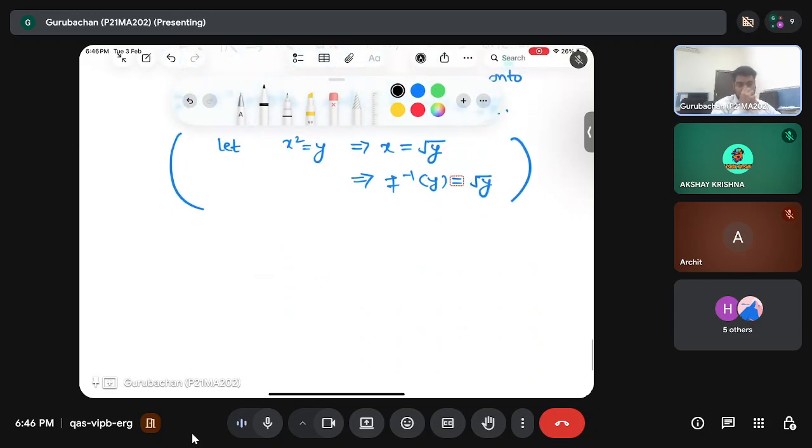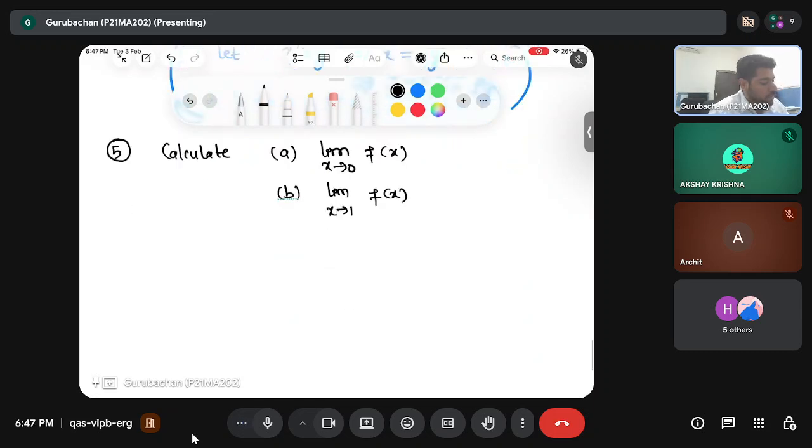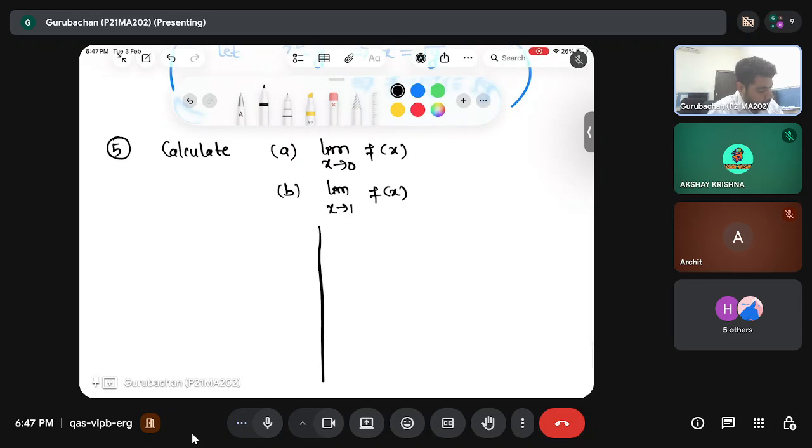So next, let us move to limit of a function. So we start with some example. Now you can say question. Calculate limit x tending to 0 f x, and limit x tending to 1 f x, and the function f x is given as, this is your x, this is your y.